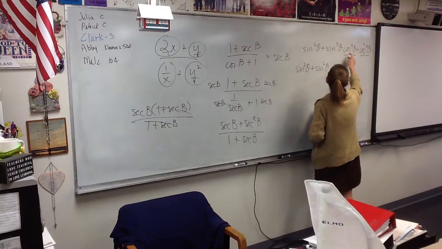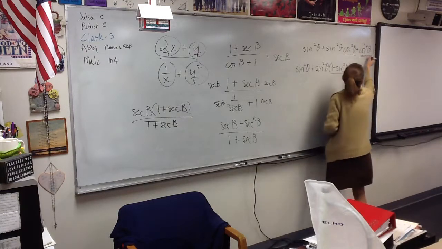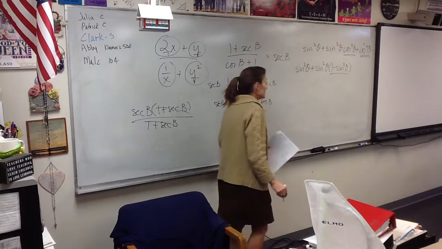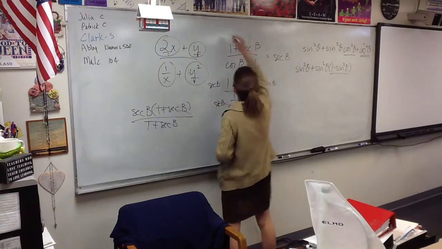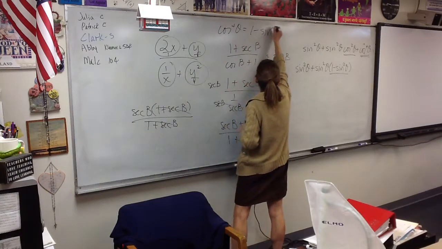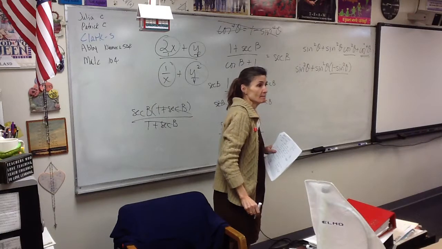So this would become 1 minus sine squared. That's this right here. And then what am I going to do with cosine to the 4th? Please do not think that cosine to the 4th is 1 minus sine to the 4th. That is not right. That's not on your sheet, is it?